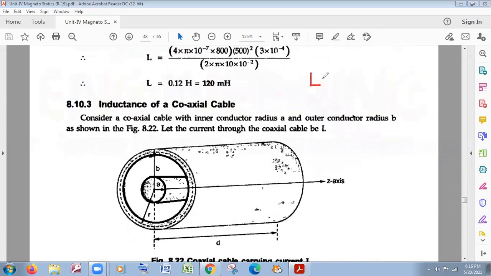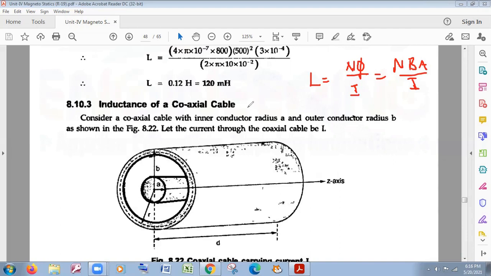To find the inductance, L is equal to total flux N phi by I. That N phi is nothing but N into phi by I, where phi is equal to the integral of B bar dot dS bar, as in the vector product, or B into the integral of dS. The integral dS is a differential surface, meaning it has the area only, so B into A by I.